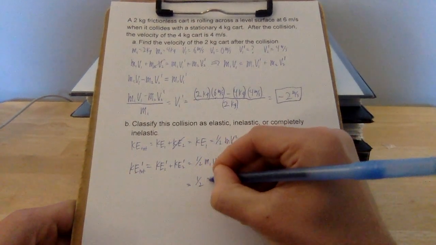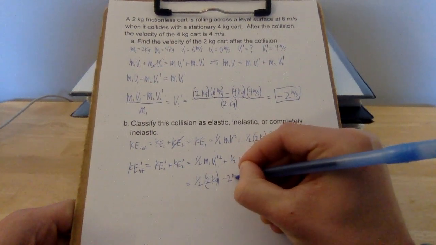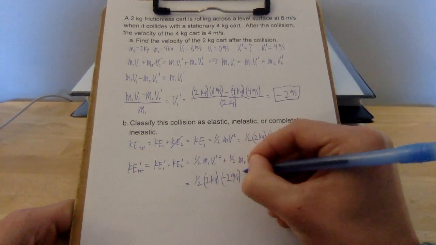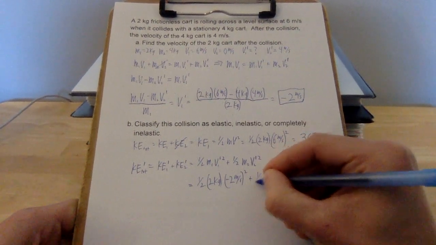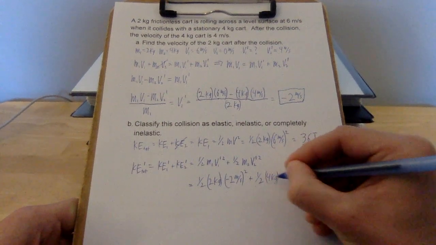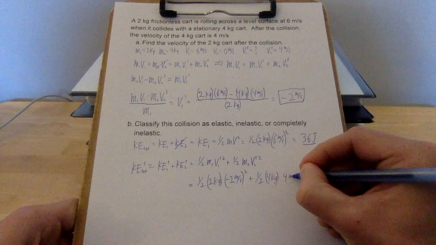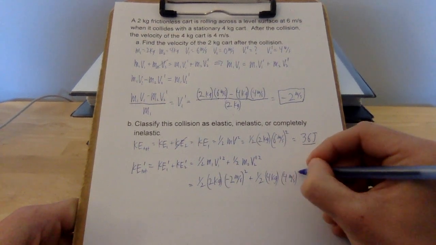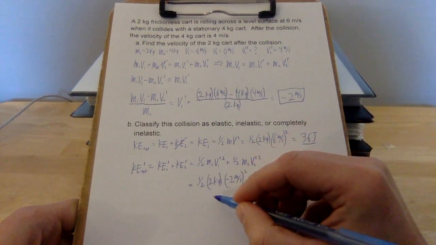We get 1/2 times 2 kilograms times -2 meters per second squared plus 1/2 times 4 kilograms. V2 prime is going to be 4 meters per second squared. And we can do some math.